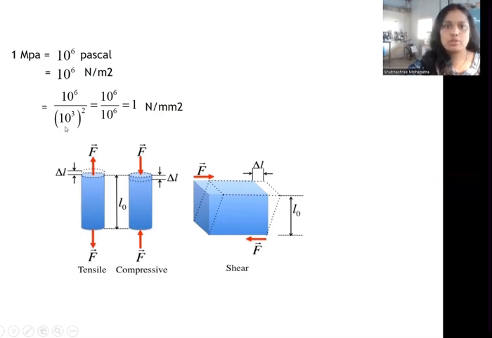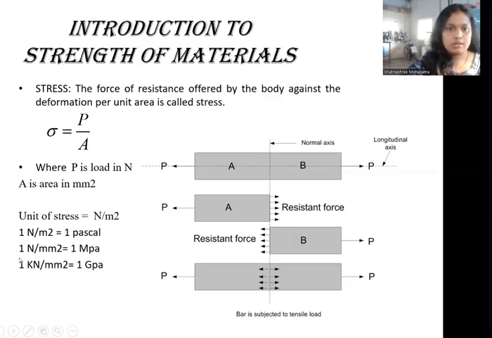So here we have to put 10 to the power 3 and it's meter square, so 10 to the power 3 square. 10 to the power 6 divided by 10 to the power 6 is equal to 1 Newton per mm square. Here I have also written that 1 Newton per mm square equals 1 megapascal. So you have to do the same for the gigapascal.